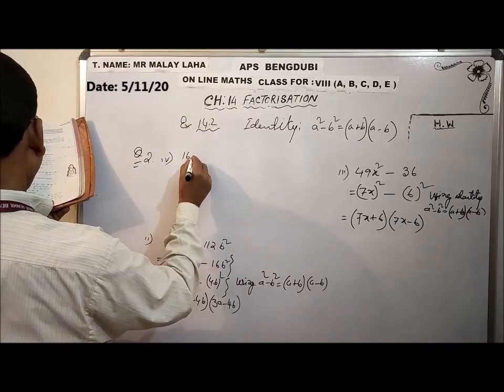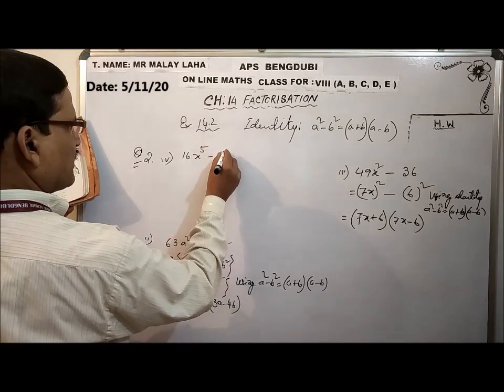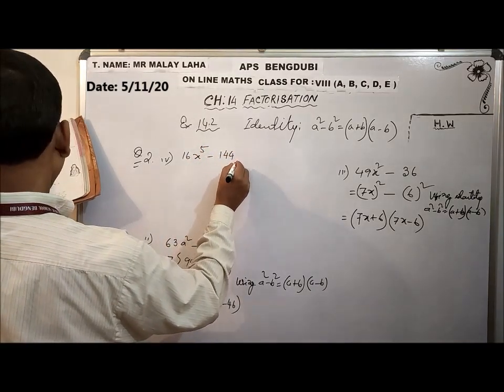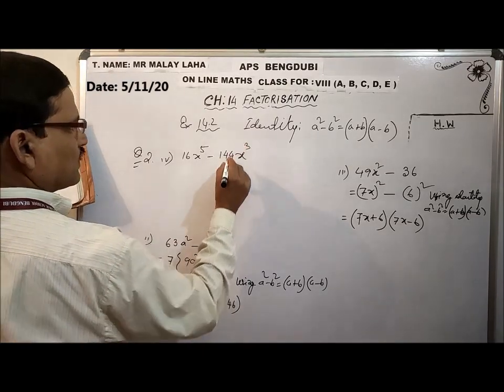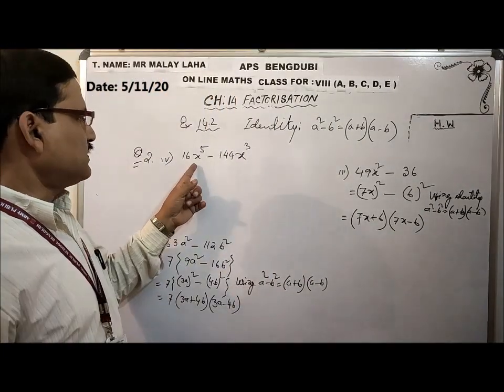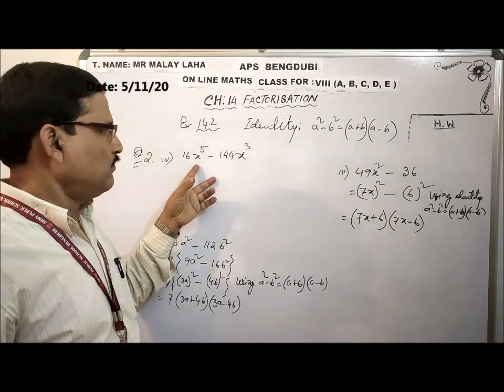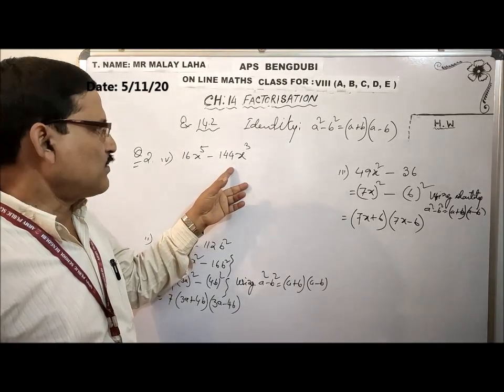16x raised to 5 minus 144x raised to 3. Same way. Neither number can be written in a square form. We are not able to write in a square form.